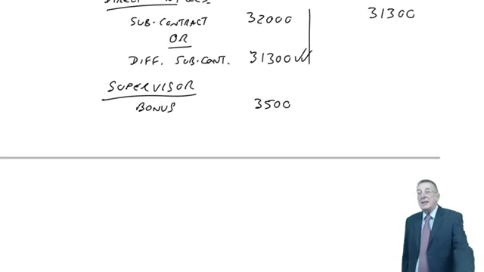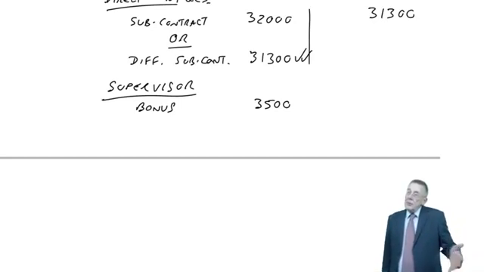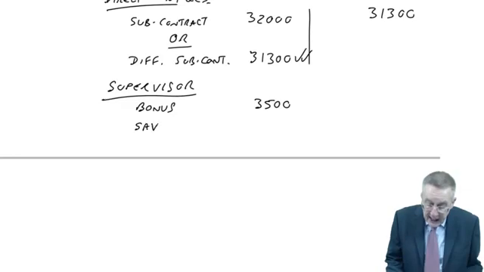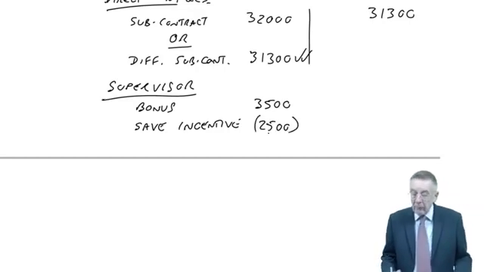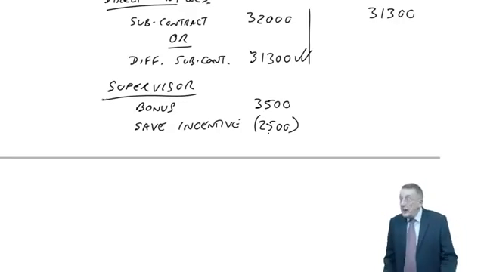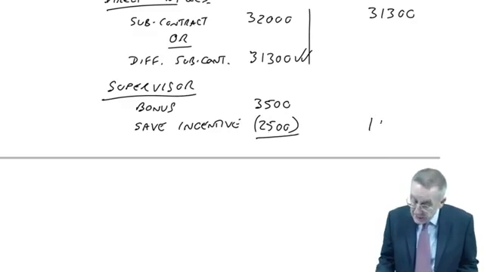We won't need to pay it. So although on the one hand we're paying him 3,500 new bonus, on the other hand we save what we're currently paying him. We save 2,500. And so in fact the extra cost of doing this special order, it's going to cost us an extra 1,000.